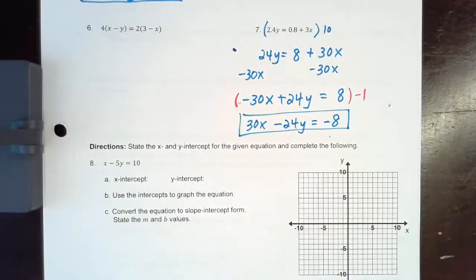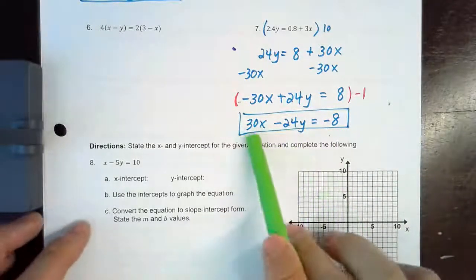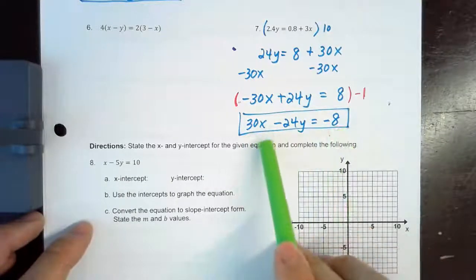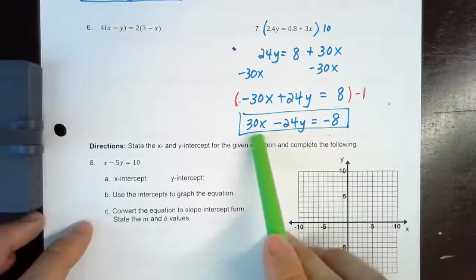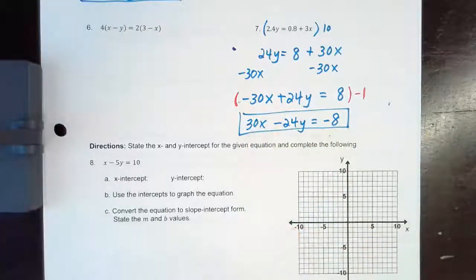Okay, so now, even though this is the final answer, class, does anyone notice that I could have actually factored out a 2 from every term?